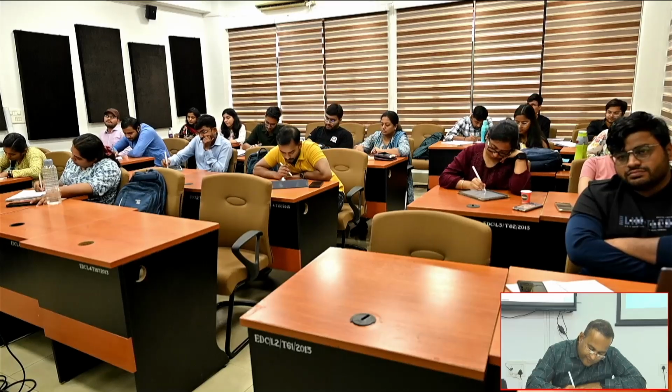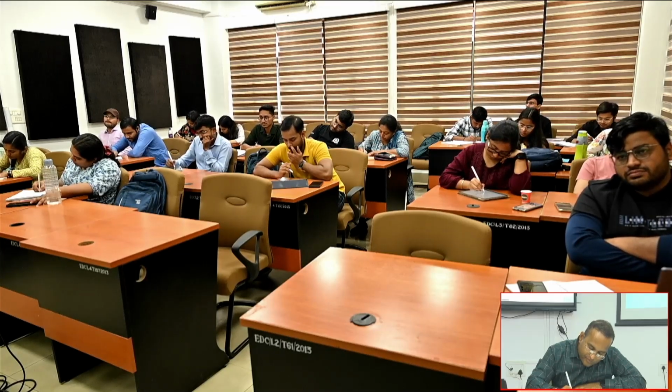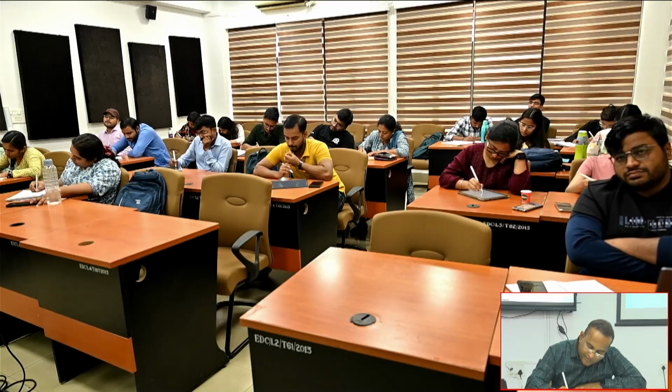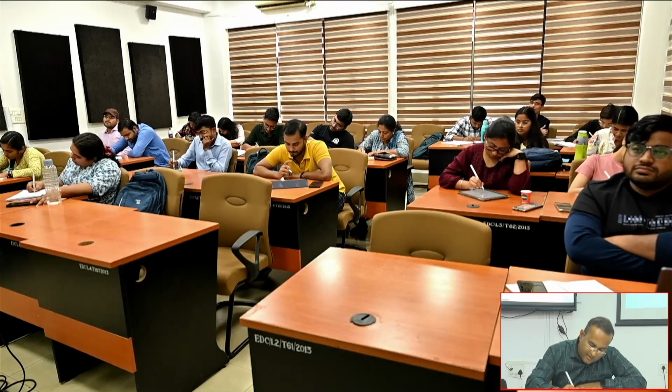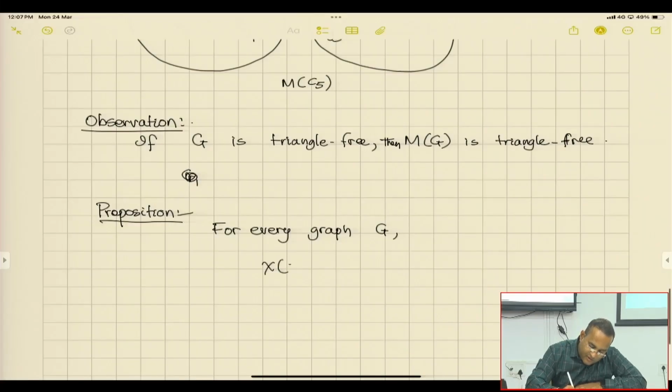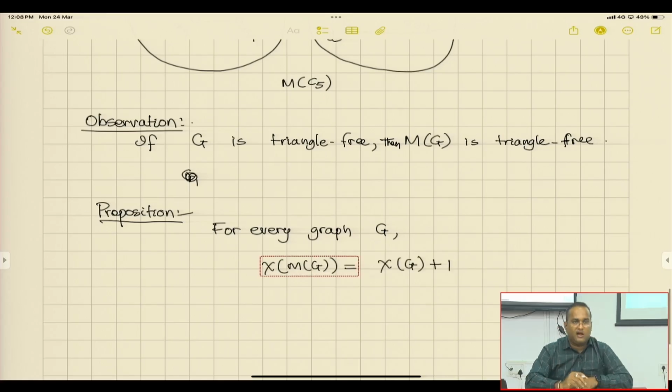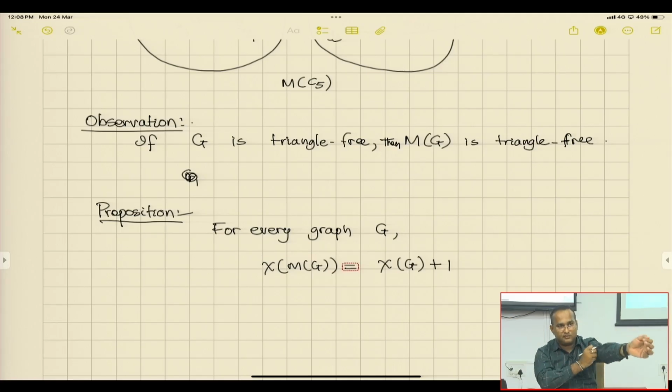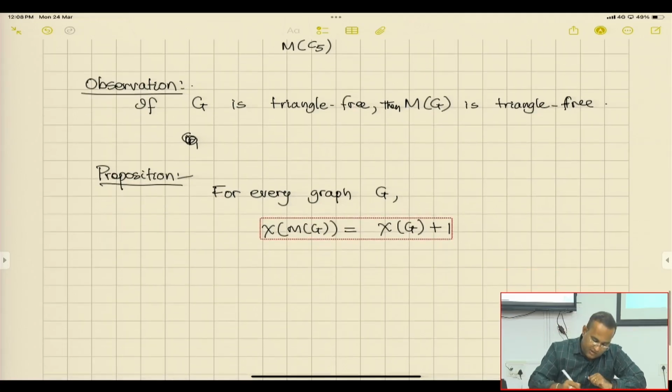For every graph G, chromatic number of M of G is equal to chromatic number of G plus 1. How? Can we prove this one?